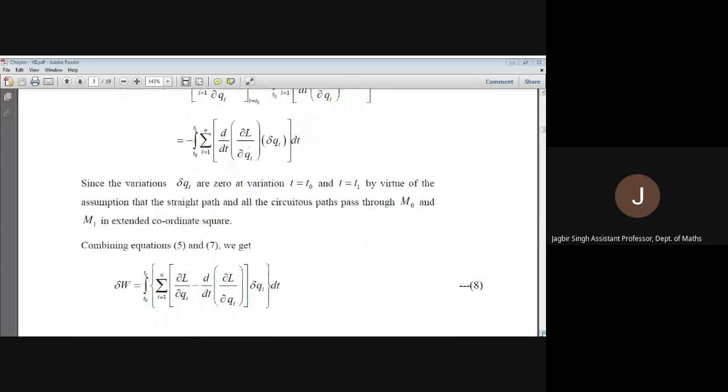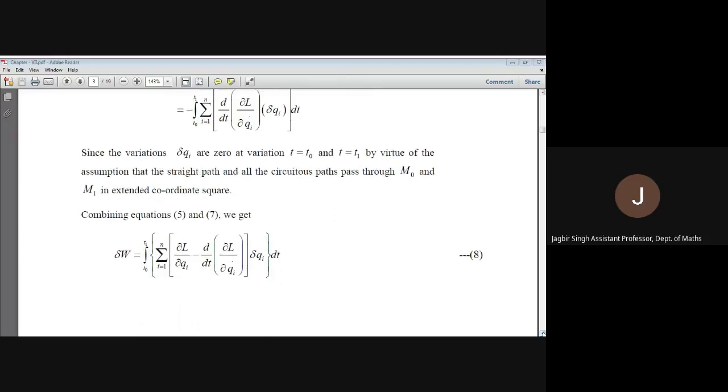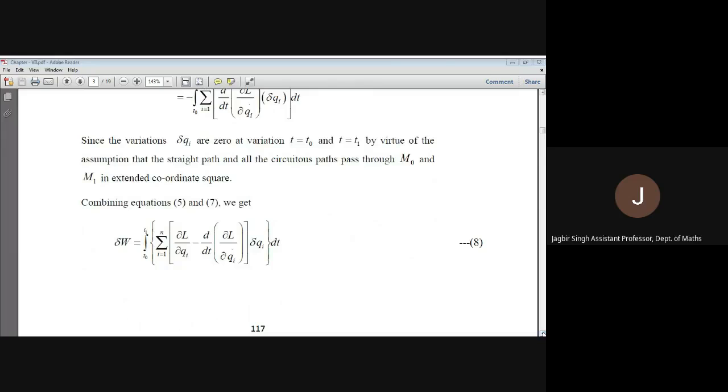Now replace this quantity in del W. So del W is integration t0 to t1, summation i from 1 to n, curly L by curly Qi minus d by dt curly L by curly Qi dot, del Qi, common, and then dt.